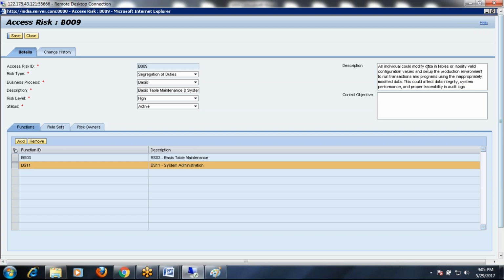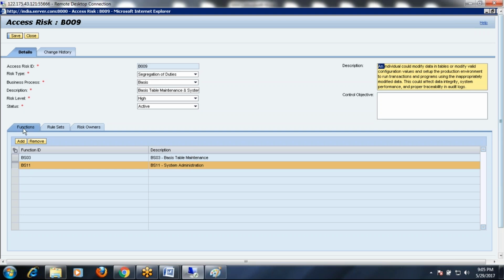This could affect data integrity, system performance, and proper traceability in the audit logs. So this is the risk if the same user has access to both table maintenance as well as system administration.